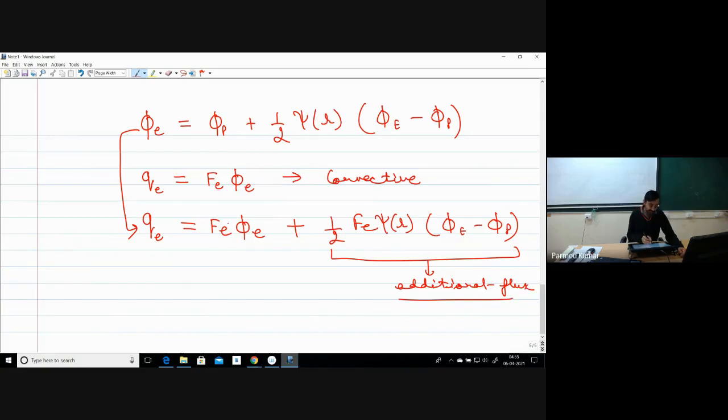When we provide some additional flux to the upwind flux, then only we are able to ensure the higher order of accuracy.